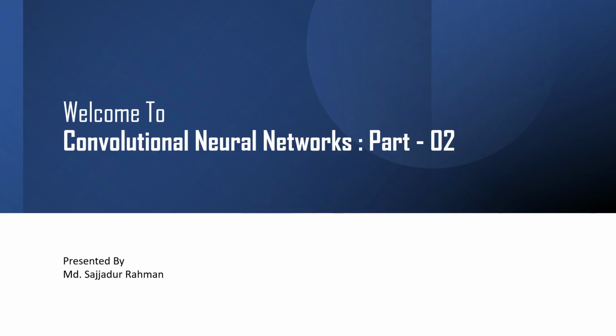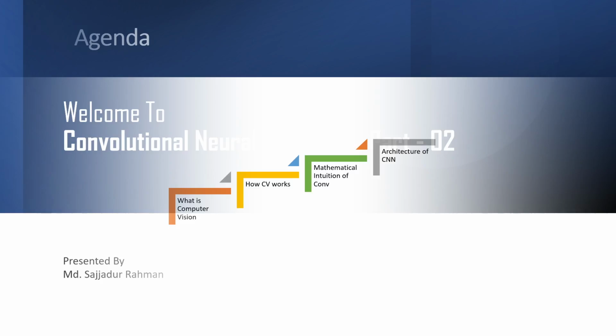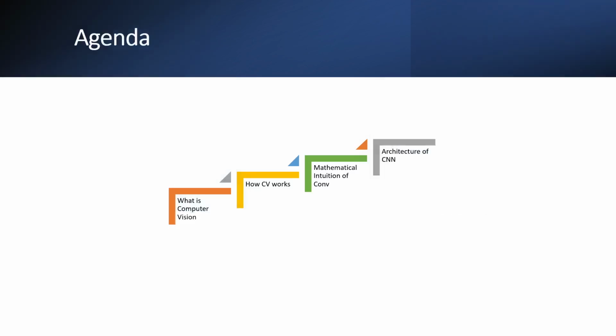Before I start the code, I would like to recap what I told you last week: how computer vision was born and how CV works, and there we also saw the architecture of CNN.